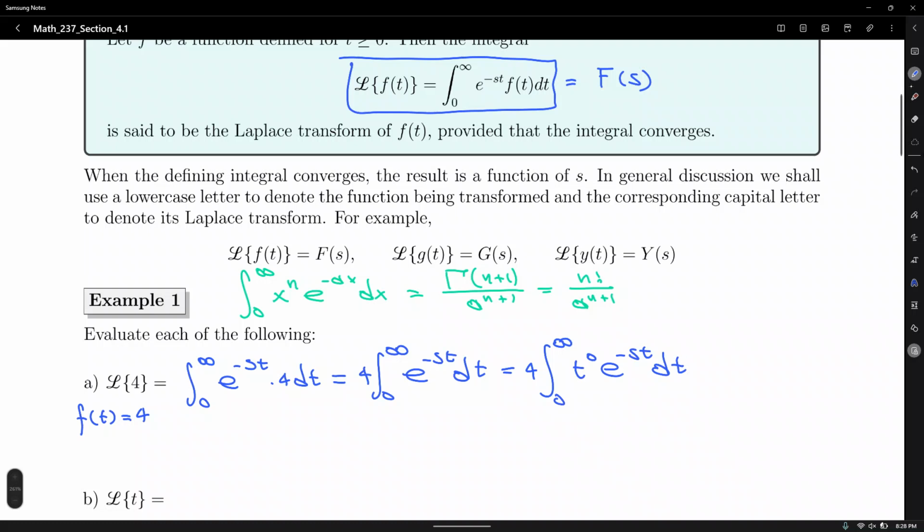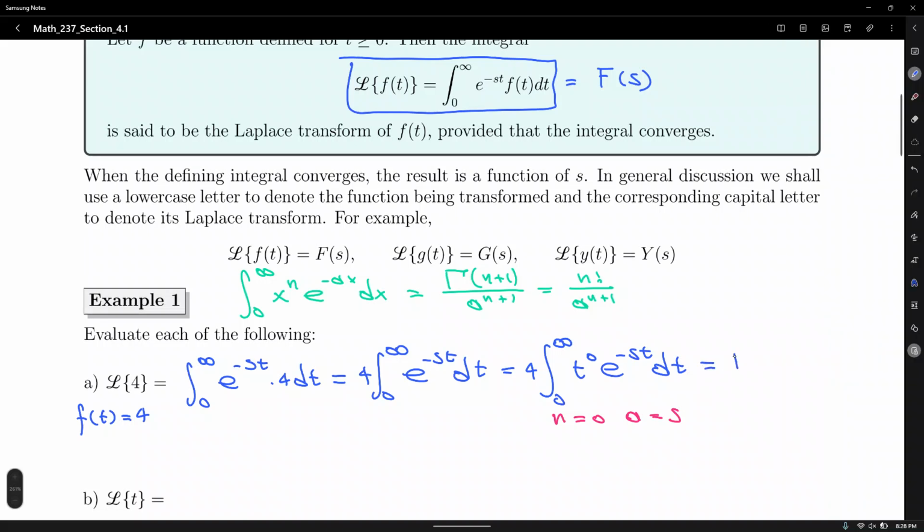Let's recall how we evaluated integrals using the gamma function. So n equals 0 and a equals the number that multiplies the variable t in the exponential, which in this case is the letter s, without the negative sign. All right, so how do we do this? Don't forget about the 4.